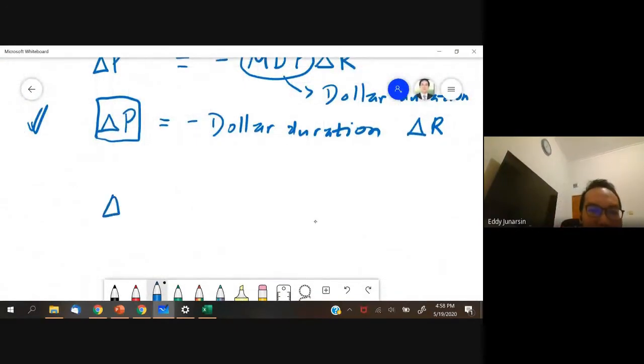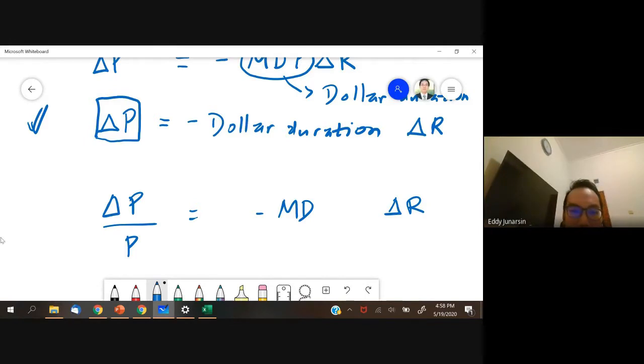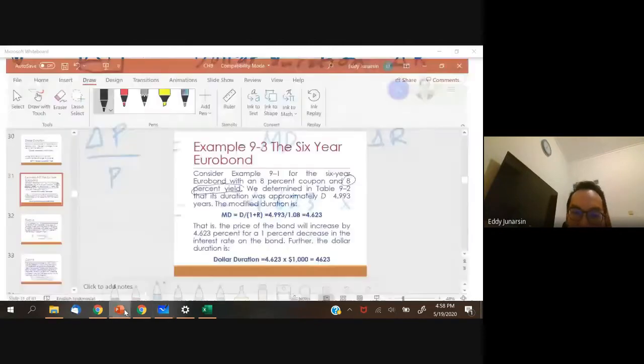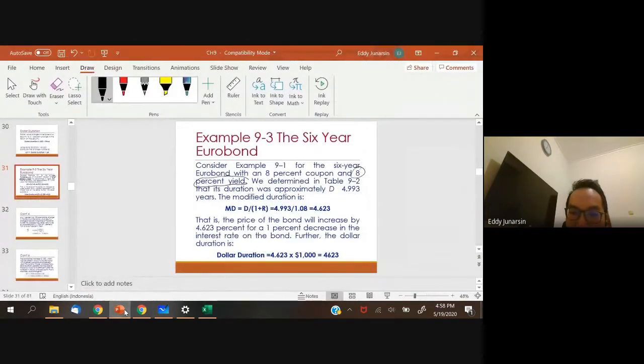So change in price divided by price should equal minus modified duration multiplied by the change in interest rate. Using the example in the equation, minus 4.623, multiplied by the projected change in interest rate. The story says they're concerned about a 1% decrease in interest rate, so this is minus 1.